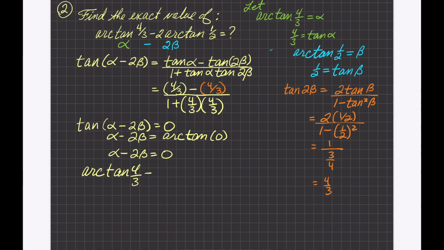And because I did basically define new variables, we're going to let arctan of 1/2 equal beta, and we're going to substitute those back in. So alpha, arctan of 4/3, minus 2 beta, which is 2 arctan of 1/2, and without the aid of a calculator, we got an exact value answer of 0.